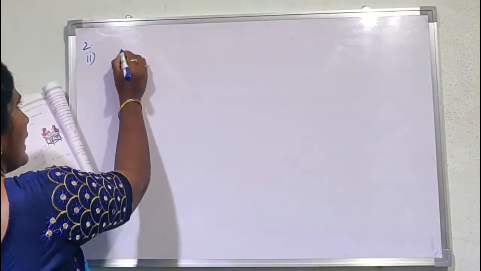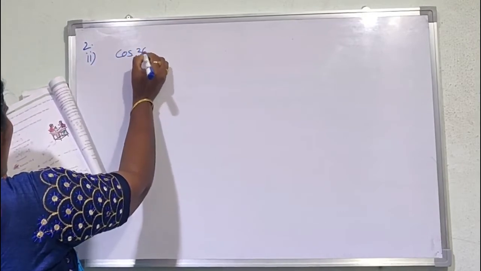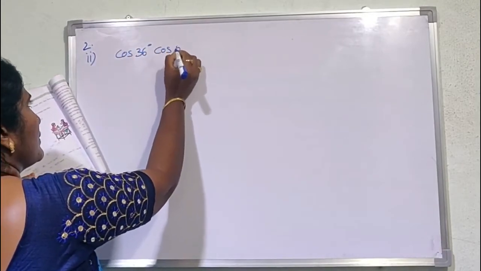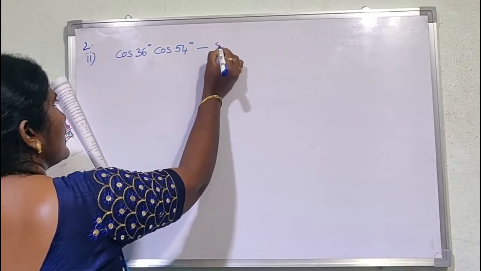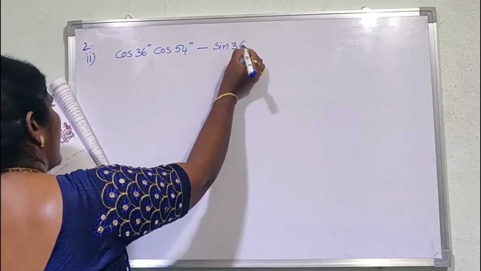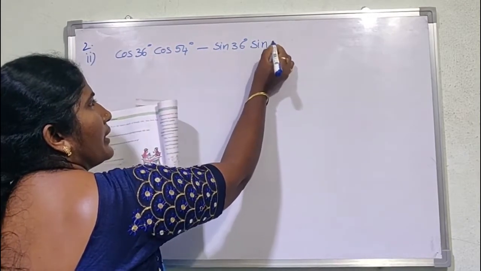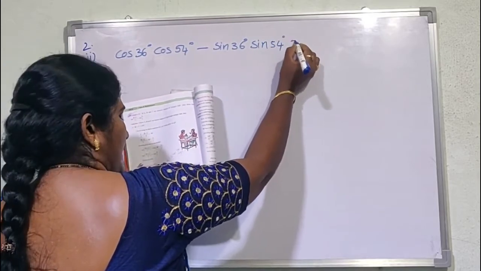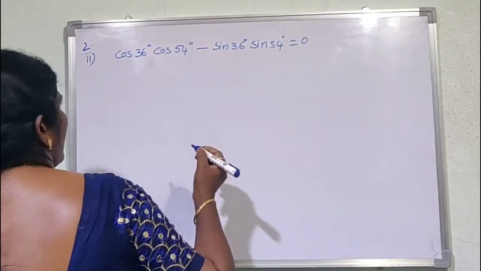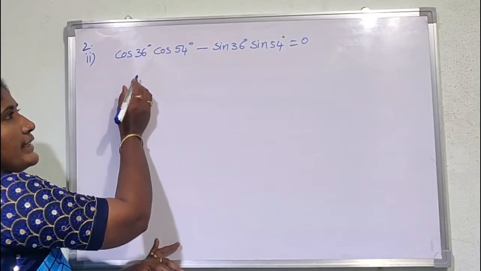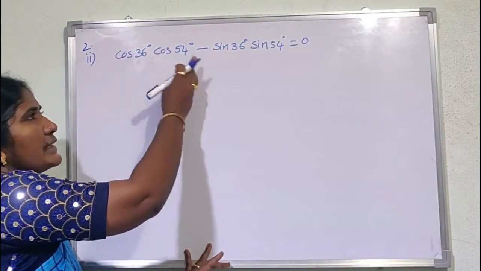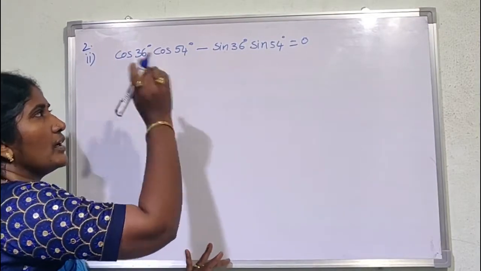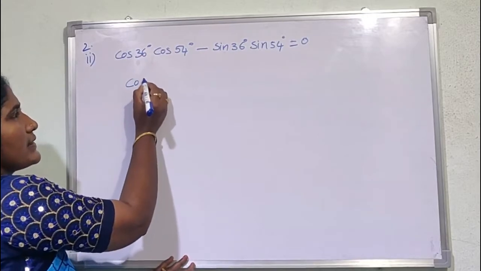Second question, cos 36 cos 54 minus sin 36 sin 54 is equal to 0. Again here, either change cos into sin or sin into cos. Here I am changing cos.